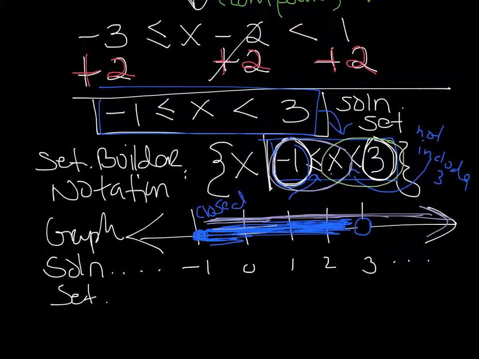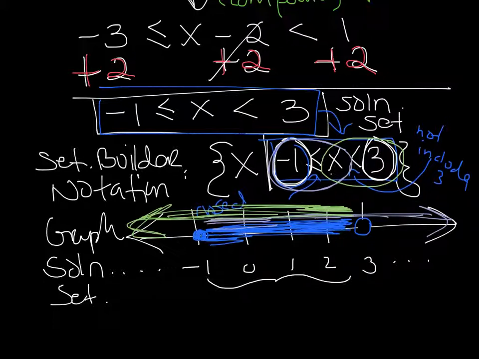Well, all the numbers that are less than 3 are all of these guys, and not including 3. So wherever there's green and purple, that's your blue part. So that's another way of thinking about it, but if you just do the blue, that's fine. So that's a 3-part inequality.